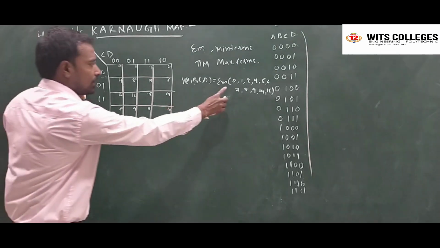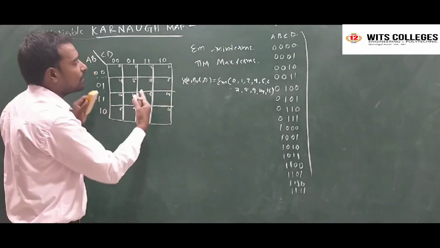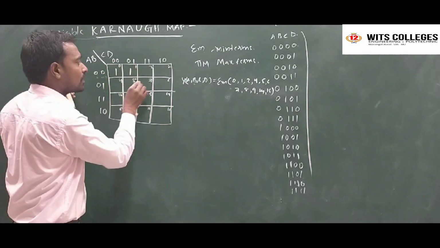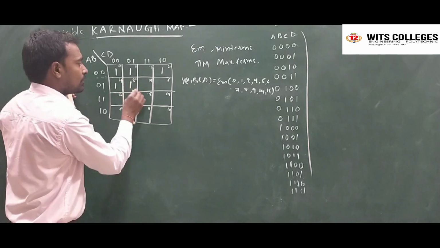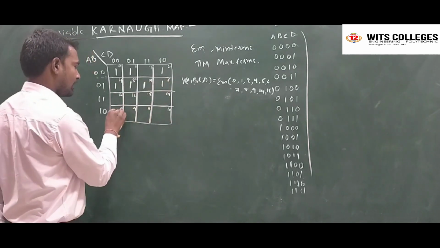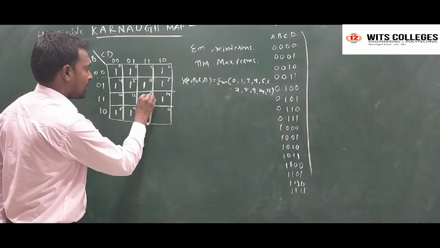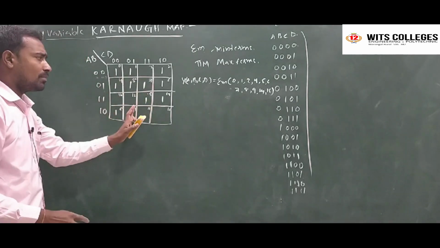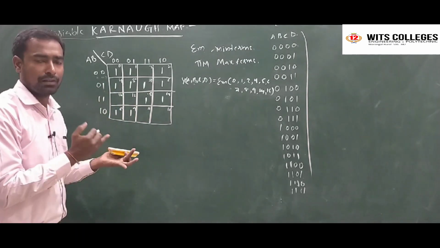The given variables we have to represent with 1. Okay, 0 is given, and 1 is also given, and 2 given, 4 given, 5 6 and 7 also given, 8 and 9 also given, 14 and 15 also given. So these all are the variables, and we have to take them as a cell or pair or quad.